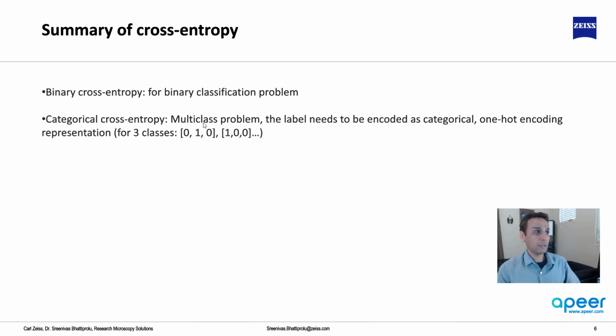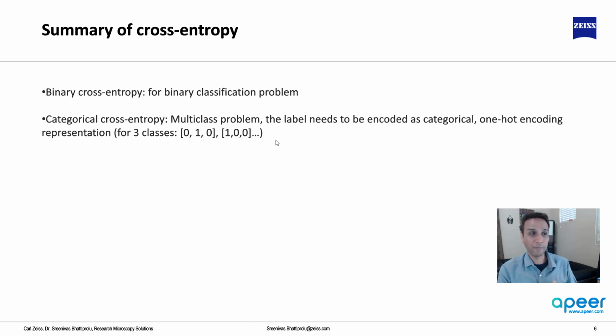One thing I should mention is for multi-class problems, you need to encode the label as categorical. I'll probably devote a video to talking about categorical, but a quick summary in 30 seconds. If you have 3 classes, dog, cat, and a house, how do you provide that to the machine learning algorithm? You'll probably say, this is 0, this is 1, and this is 2, right? 0, 1, and 2 for each class. This is how our labels were for random forest.